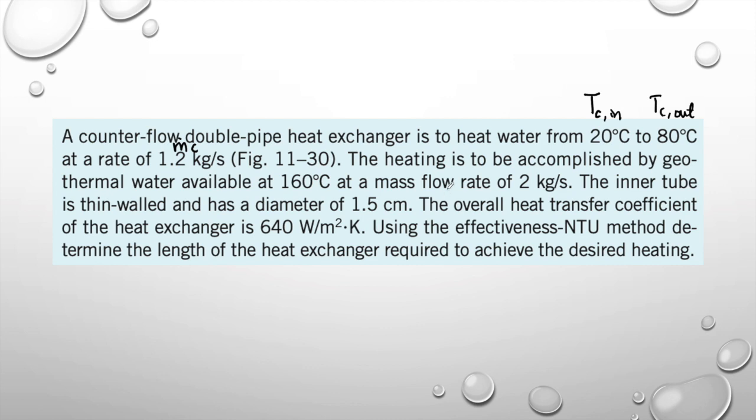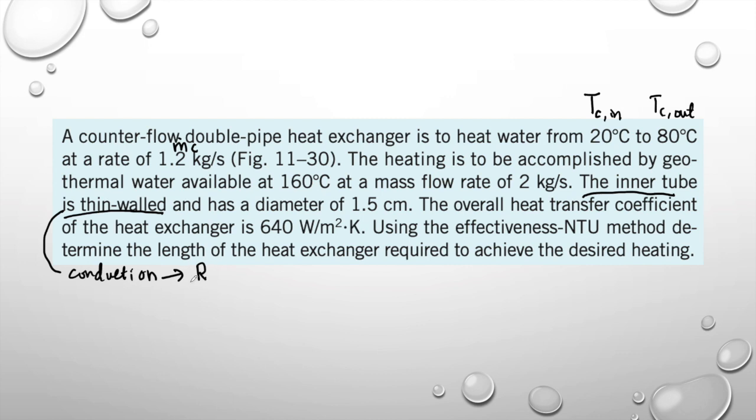The inner tube is thin wall and has a diameter of 1.5 centimeters. As I mentioned in the previous video, when there is this kind of statement in your question, you may assume that the conduction process is negligible. Basically this refers to the resistance for the conduction.